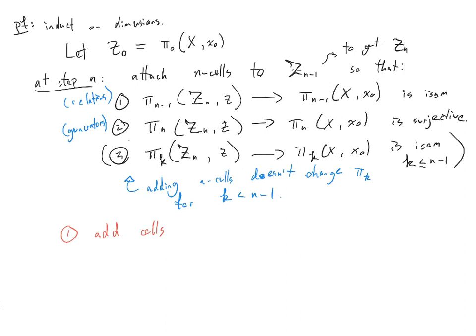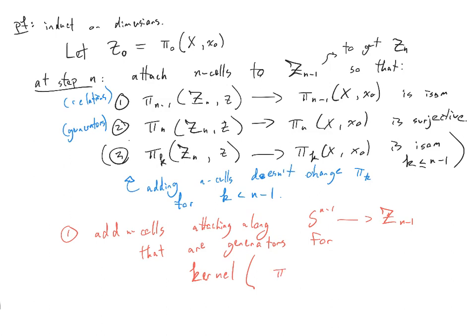And what do the attaching maps for these n cells look like? We're attaching along the maps from S^{n-1} to Z_{n-1} that are generators for the kernel of the map from π_{n-1} of Z_{n-1} relative to its base point to π_{n-1} of X relative to its base point.